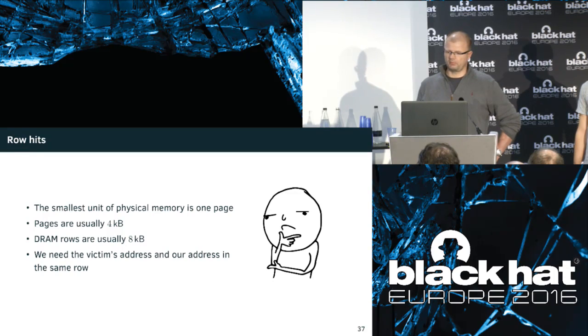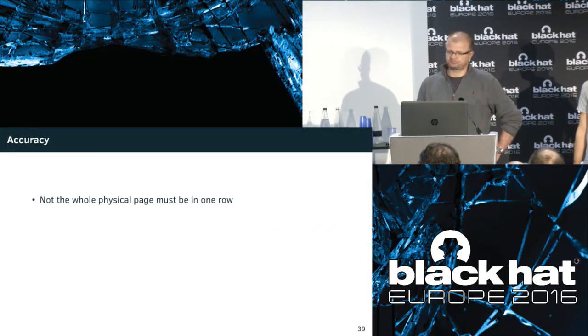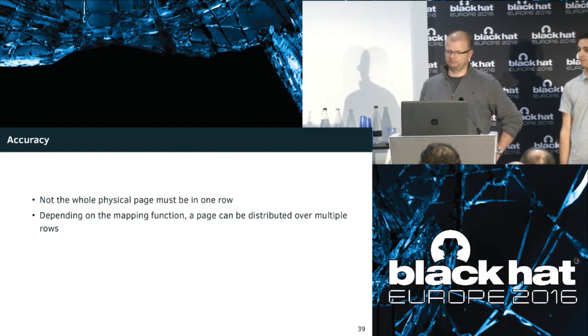So you're probably thinking, well, 2 pages share 1 row. Well, you're not exactly right either if you think that. And why? Well, not the entire physical page must be in the same row. This happens when the mapping function in the memory controller says that the page should be distributed over multiple rows.